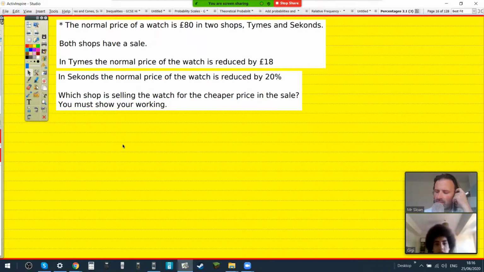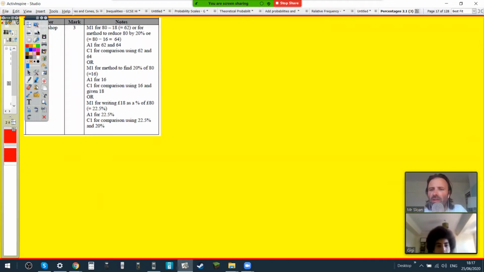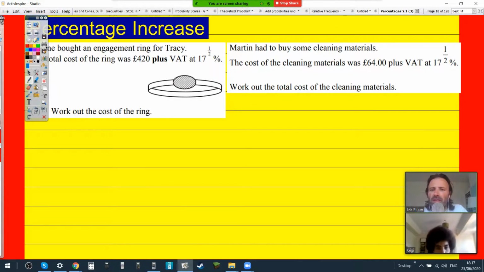Times is selling the watch for a lower price. How do you know? Because I found 10% of 80, which was 8, and then doubled it to find 20%, which is 16. Mm-hmm. And if Times is selling the price reduced by 18, it's cheaper. Yes. So that one is Times, and you had to show your working out, otherwise you could just guess. And that's what they did. They got 16. Great. That's a 3 marker.